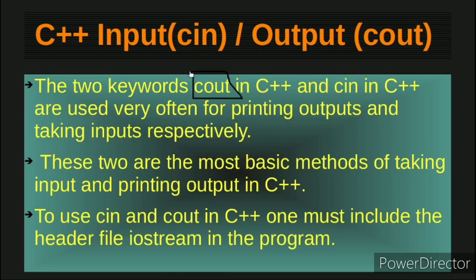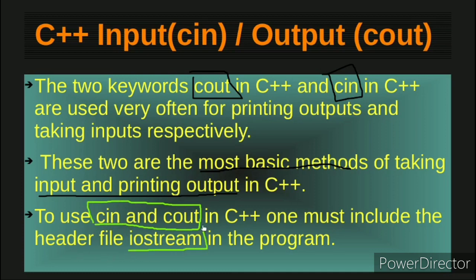And these cout and cin functions are the most basic methods which allow us to take inputs and print output. And whenever we want to make use of the cout or the cin statement, we must include the iostream header file in our program, as we have already done, if you remember, when we were making use of the cout statement in order to print information on the display screen.